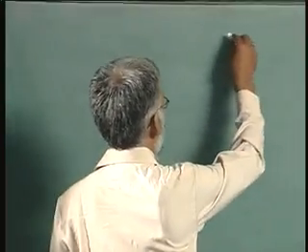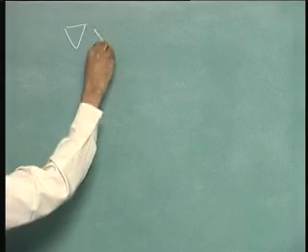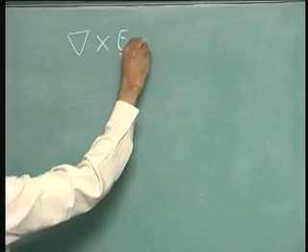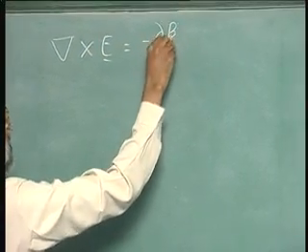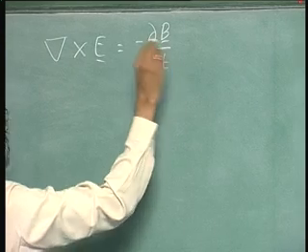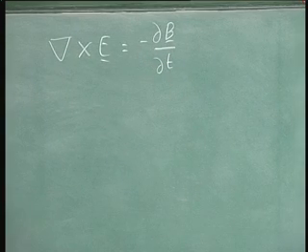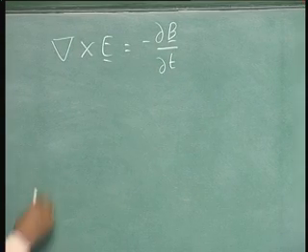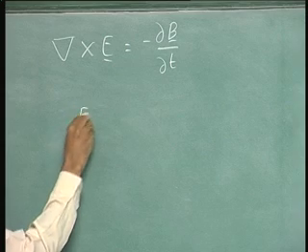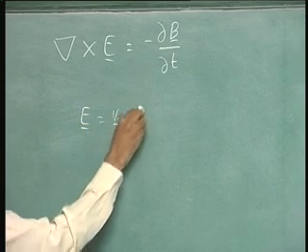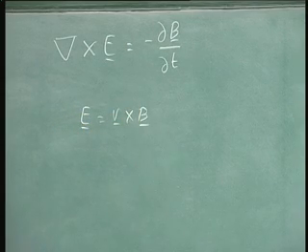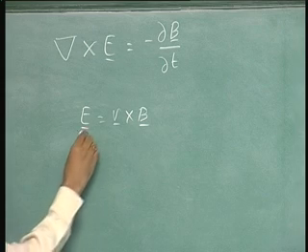So Faraday's law said curl of E is equal to minus del B del t, and where I would like to reach is E is equal to v cross B, that is motional.